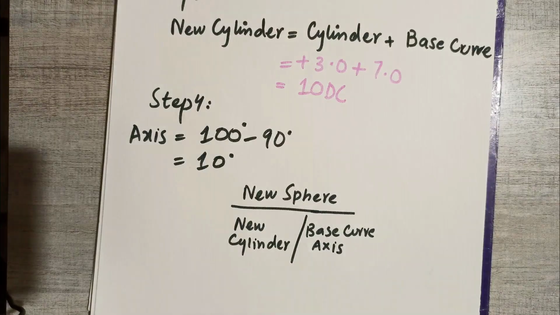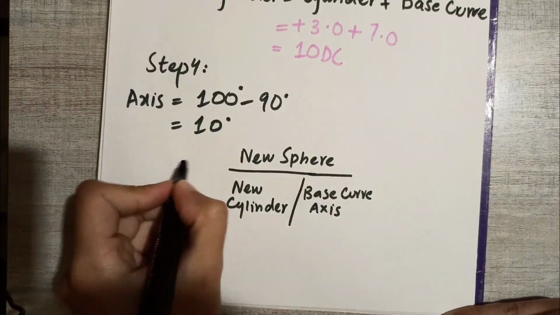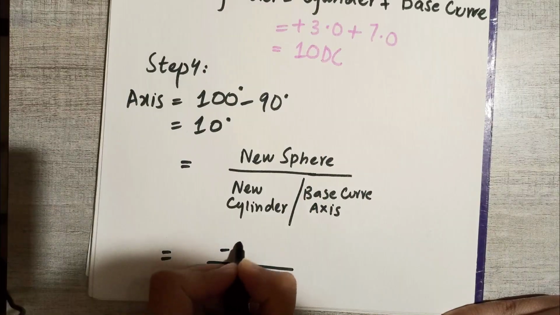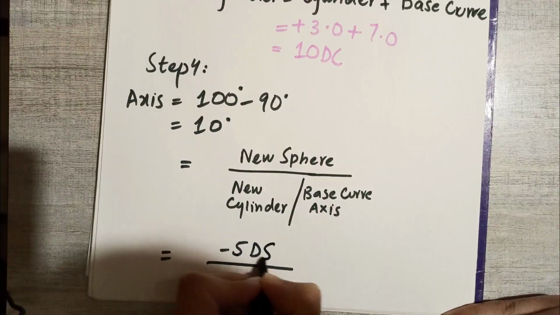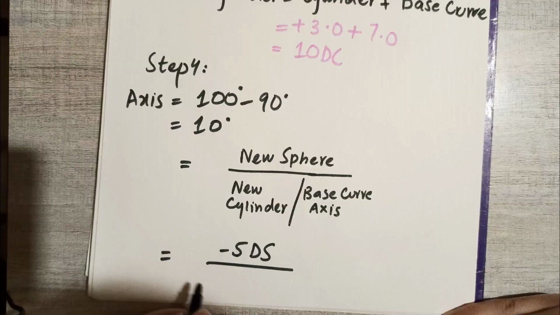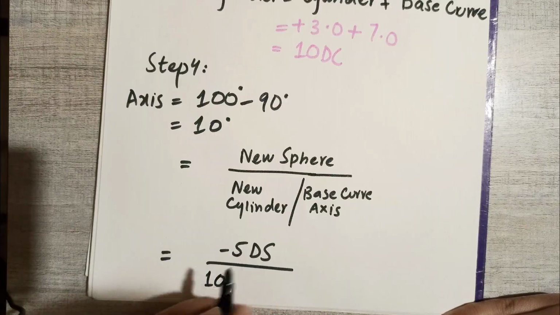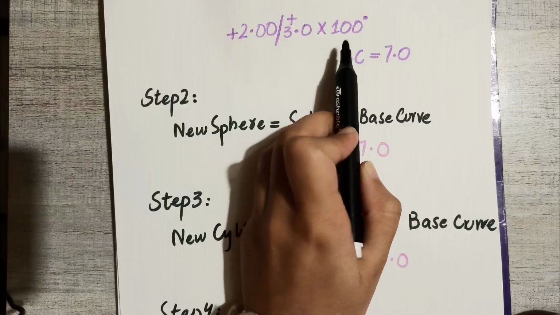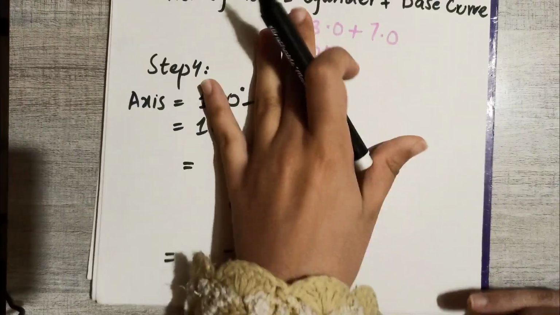So we will put the values in this. As our new sphere is -5 diopter, our new cylinder is 10, and the axis for the cylinder is 100 degrees.